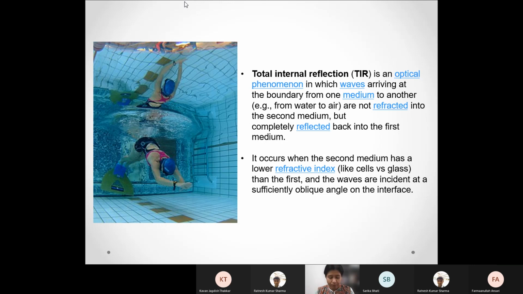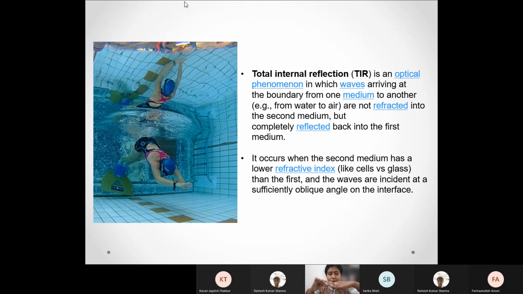These evanescent waves, their intensity falls down exponentially as you go from this point. This is the boundary between the two materials.